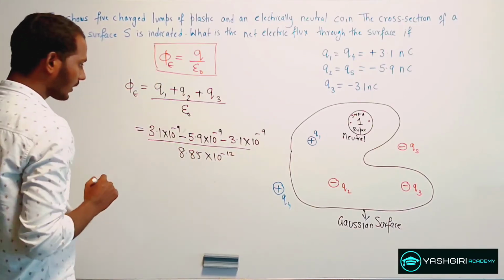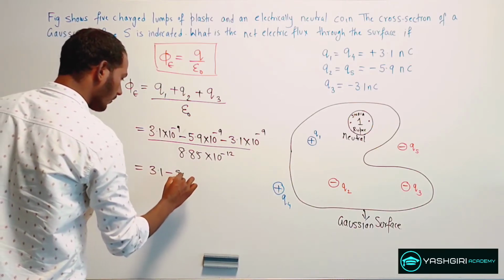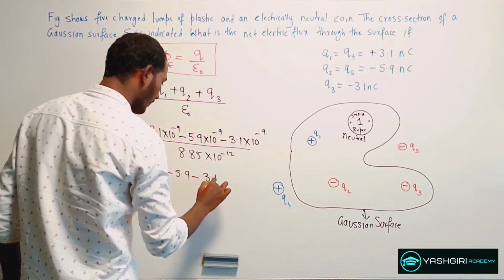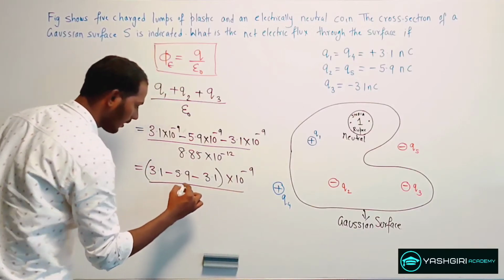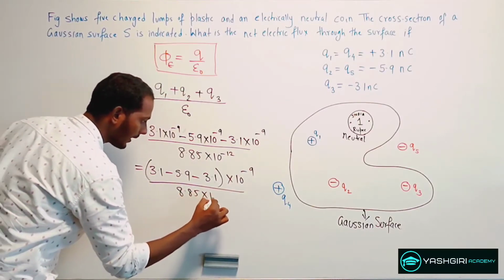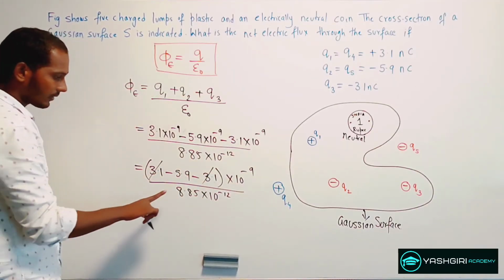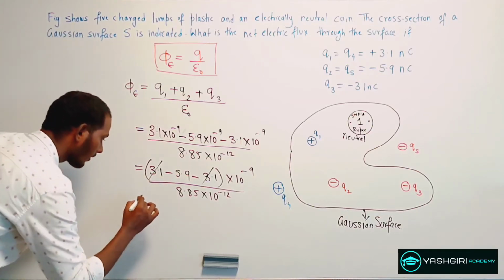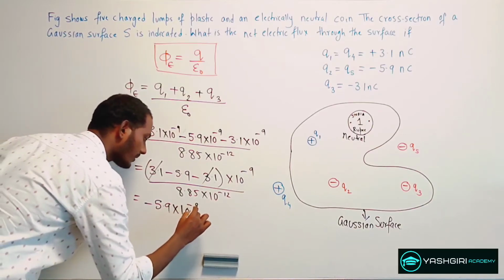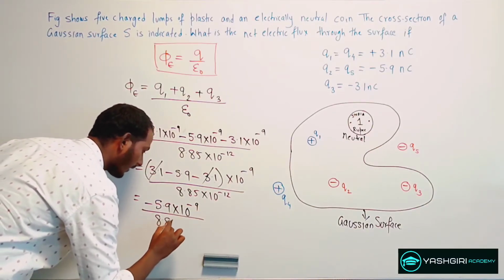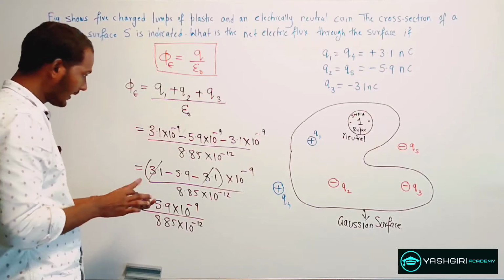Now if you solve this, you will get the expression 3.1 minus 5.9 minus 3.1, into 10 to the power minus 9, I take that out common, divided by 8.85 into 10 to the power minus 12. Here in this case, this and this will get cancelled, correct? So what is left is minus 5.9 into 10 to the power minus 9 divided by 8.85 into 10 to the power minus 12. And when you solve this, you will get the answer.